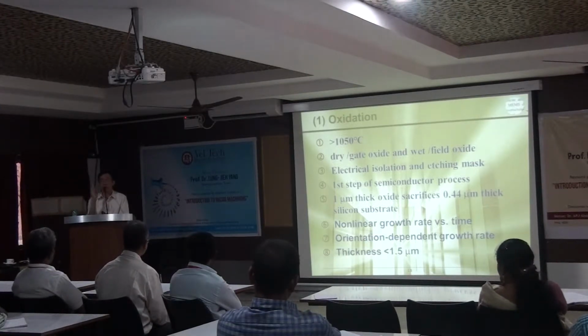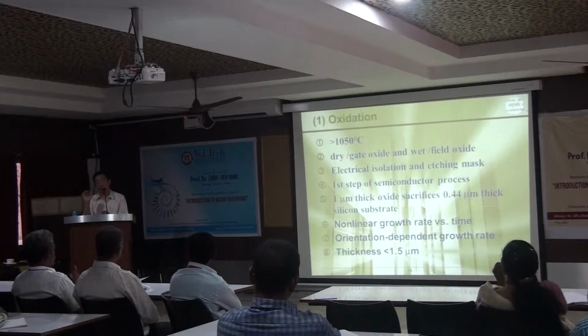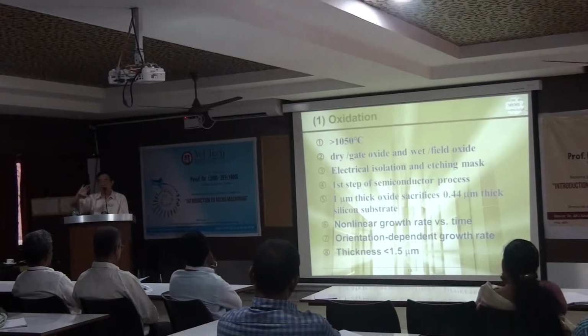Nonlinear means you spend a lot of time waiting for growing thicker oxide. So it's also the reason why it is impossible for us to grow very thick oxide. The reason is we need to transport the silicon atoms from the bottom to the top.